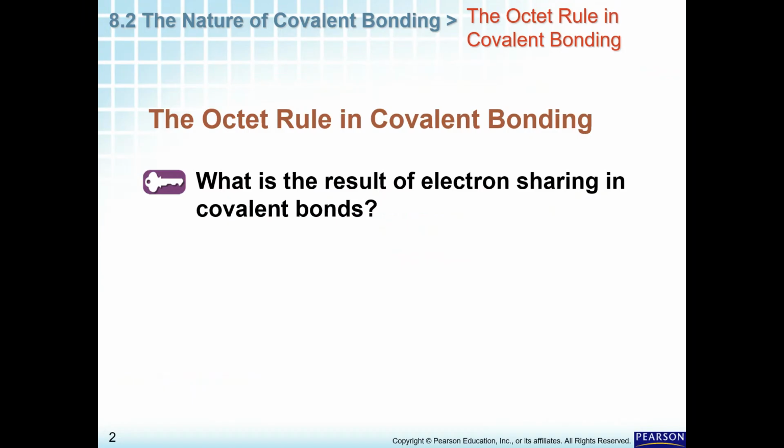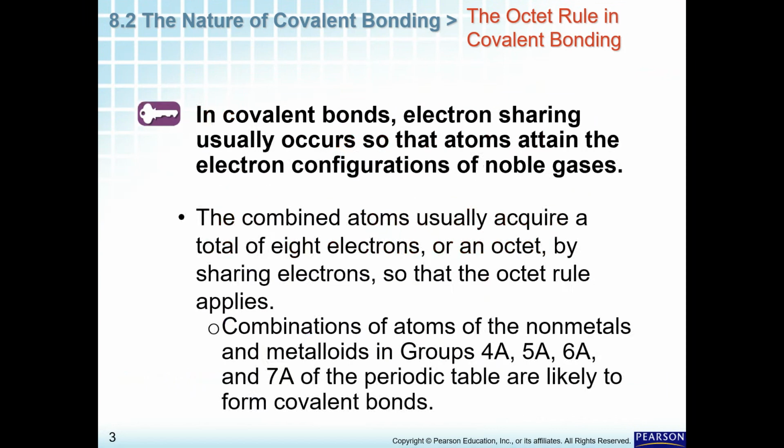Again, remember the octet rule. What is the result of electrons sharing within covalent bonds? Well, in covalent bonds, electron sharing occurs so atoms attain the electron configuration of a noble gas. Again, this is the octet rule, but instead of transferring electrons, they're sharing.